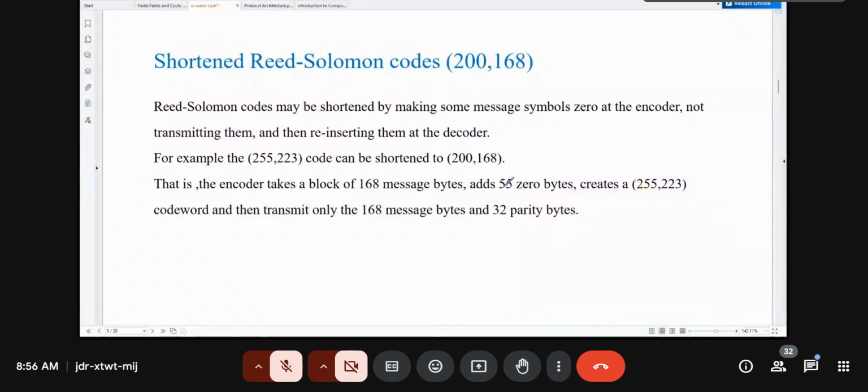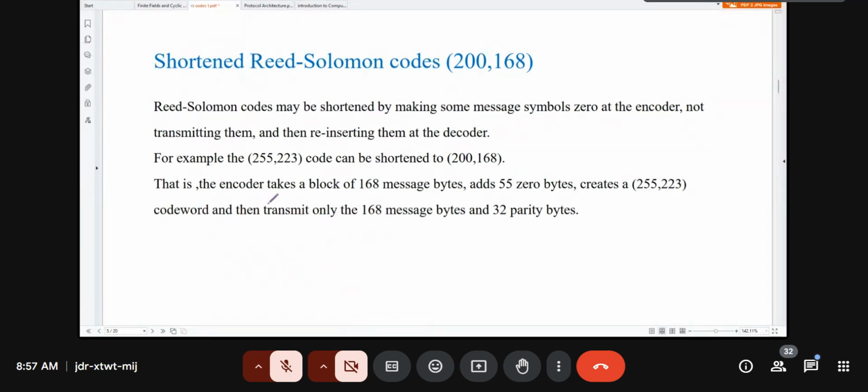I think that will give us the 223 message bytes, and then we create this 255 by 223 code word, and then transmit only the 168 bytes and 32 parity bytes. It's an interesting concept. What you're doing is you can transmit fewer bits and still be able to enjoy the capability of this Reed-Solomon code, the 255.